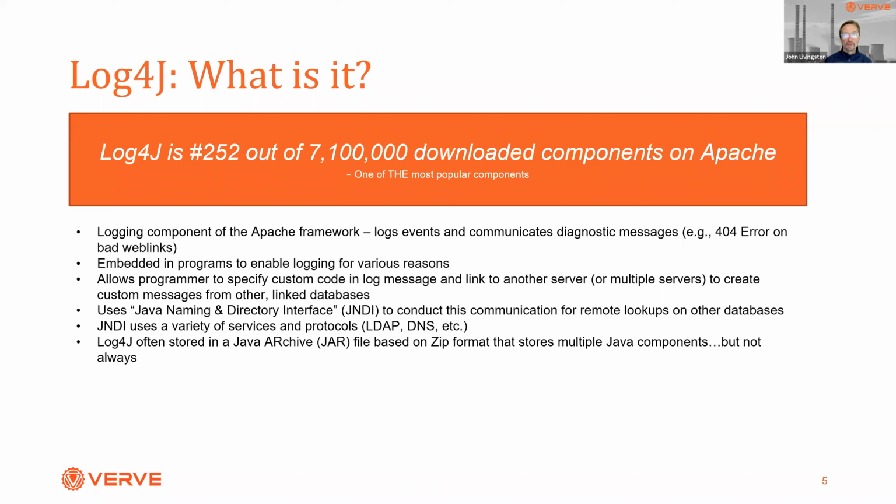One of the more frequent examples you may see is when you type a web address that doesn't return an answer, you'll get the 404 error around a bad web link. Think of this as the way software companies are allowing a logging of their application, and it's embedded in that software. It's an open source component that you can download and embed in your software.